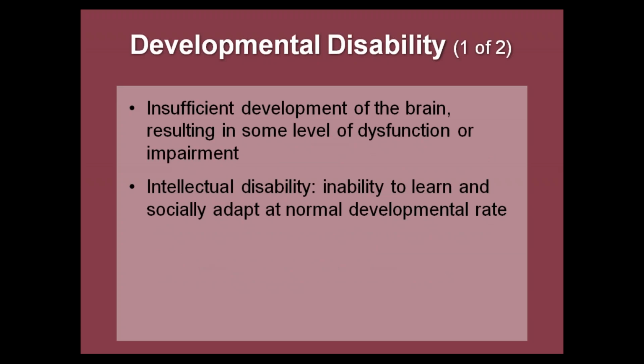Developmental disabilities are insufficient development in the brain, resulting in some level of dysfunction or impairment. So that's kind of their definition of this. An intellectual disability is an inability to learn and socially adapt at normal developmental rates.